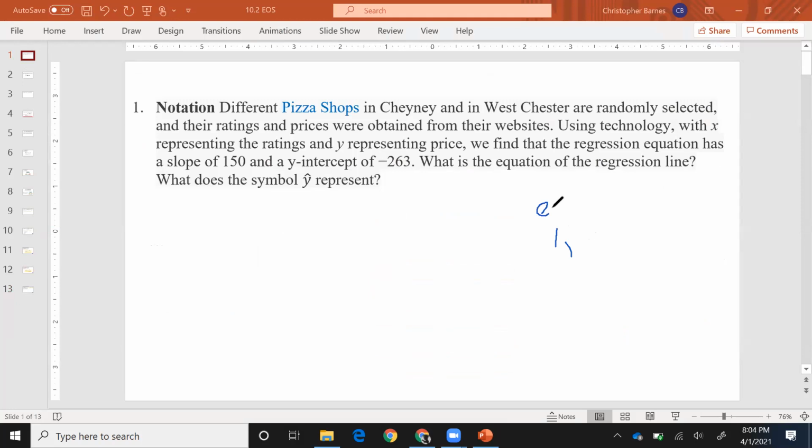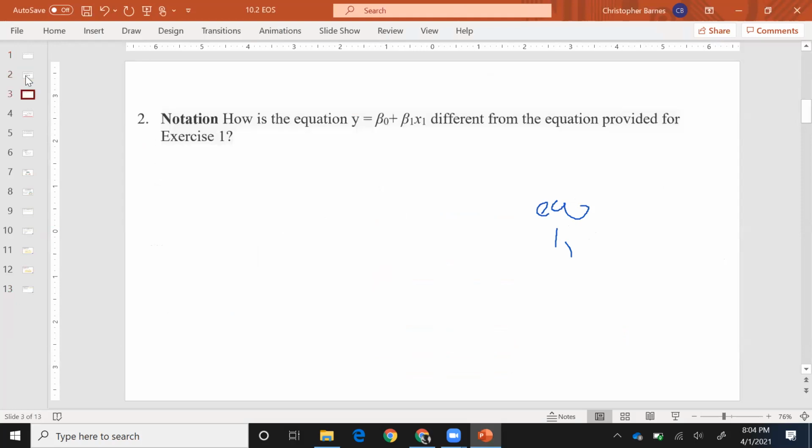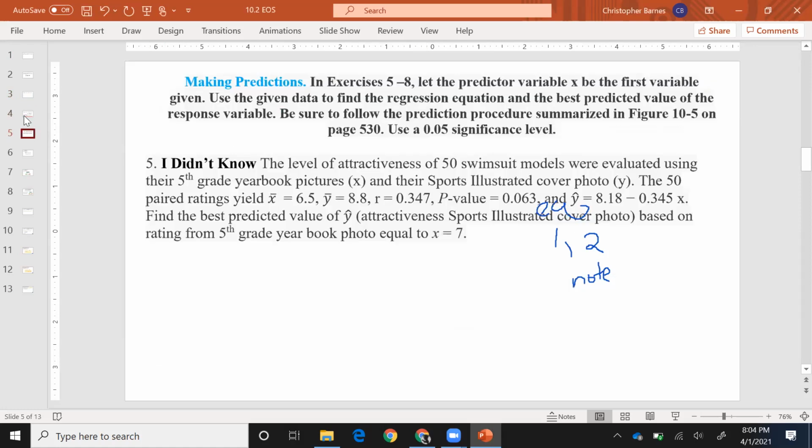I'm gonna say EQ for equation. We got problem 2, which is notations. I'm going to say note. Right, and it has all these slides.